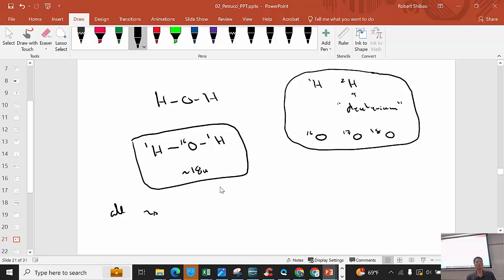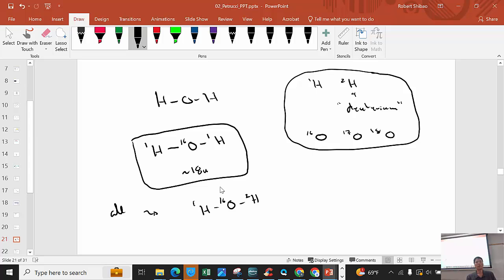So most of the water was this. What do you think the next most abundant would be? H1, for sure. O17, I probably wouldn't go with that yet. I'd probably go still with O16 and H2.